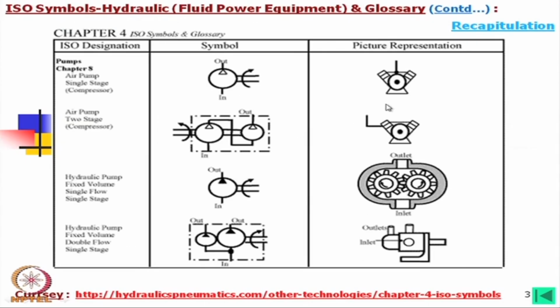Similarly, if we look into the rotary actuator, which we have discussed earlier, this is the symbol for a rotary actuator. In this case, the triangle is not filled, which means this is for gas or air, that is, this is a compressor. This is a 2-stage compressor.